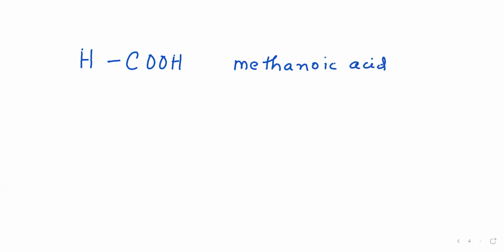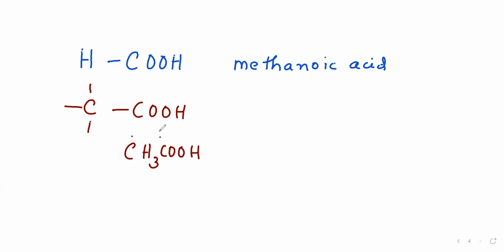And what should be the next member? Carbon with valency 3, so the formula is CH3COOH. That means 2 carbons are there, so it is ethane, and it should end in OIC acid: ethanoic acid. So these are the major functional groups.